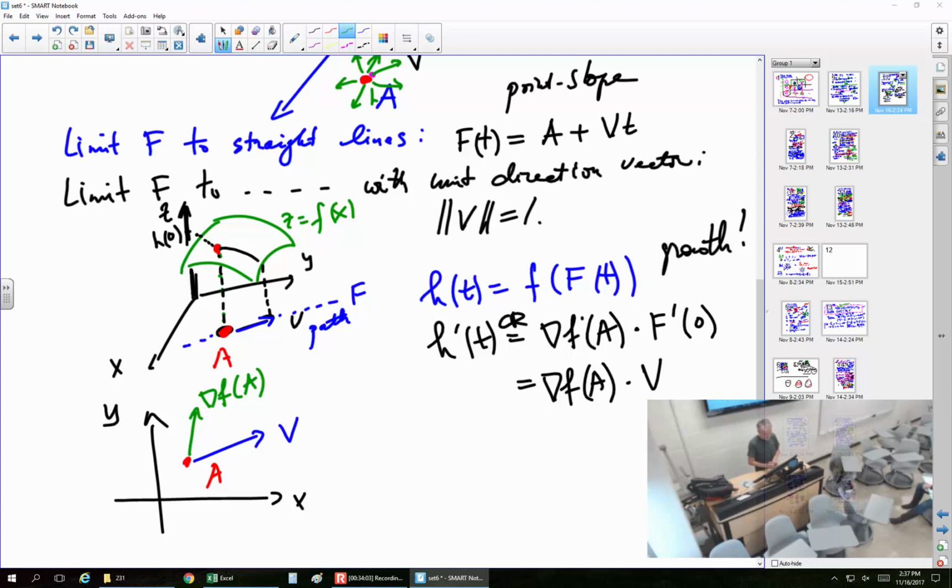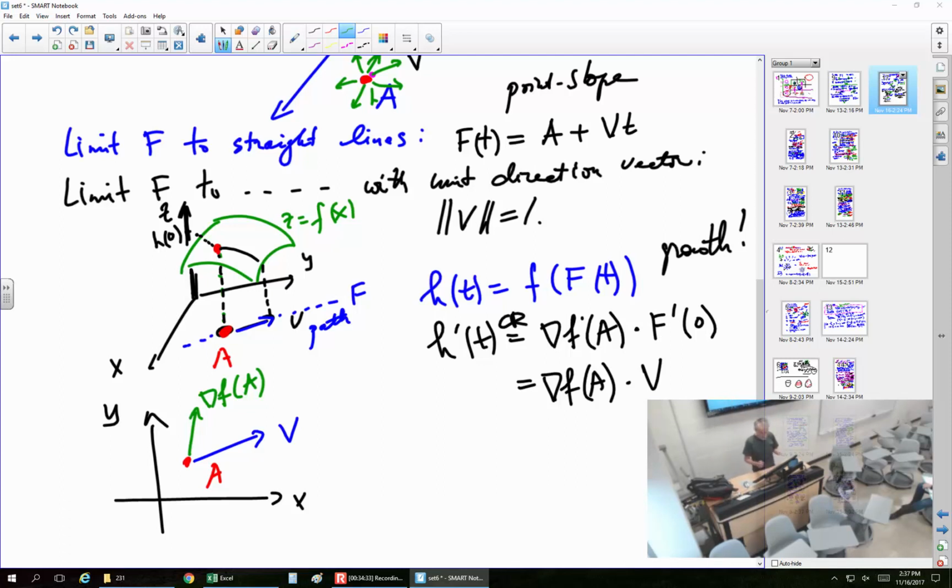And it turns out that the dot product of these two is how fast we are climbing. So once again, we started our trip in this direction, while the gradient of our terrain, of the function that represents the terrain, goes this way. Okay, and then we have discovered by the chain rule that the rate of our climb right here in this direction is the dot product of our vector and the gradient.